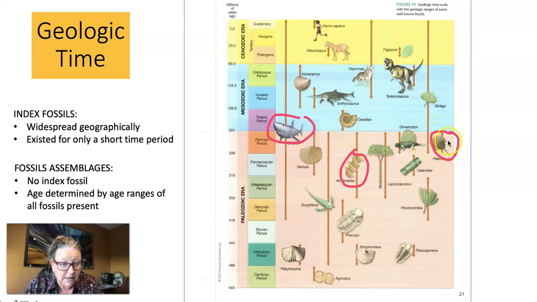And then we have this little guy over here, which was only around in the Permian. If you have rocks with all 3 of these fossils preserved within, the only age possible is Permian. It can't be older than Permian because this fossil didn't exist yet. And it can't be younger than Permian because 2 of the 3 of these went extinct at the end of the Permian. And so that's fossil assemblages.